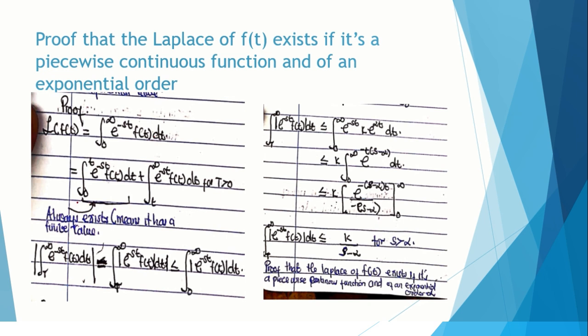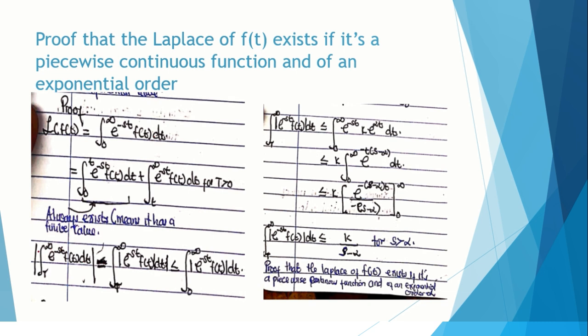A finite value. So when we come here, we find the modulus of the integral from t up to infinity. It has to be less than or equal to... we make the modulus enter the integral sign.